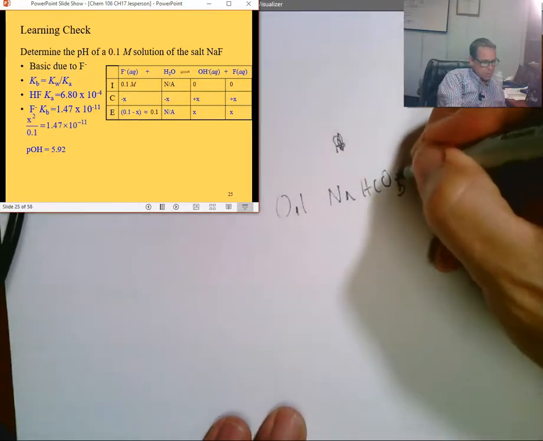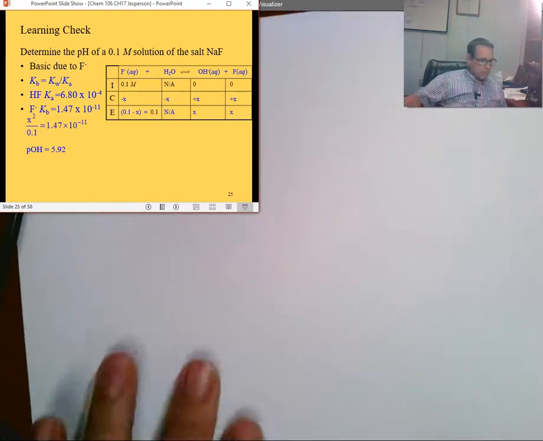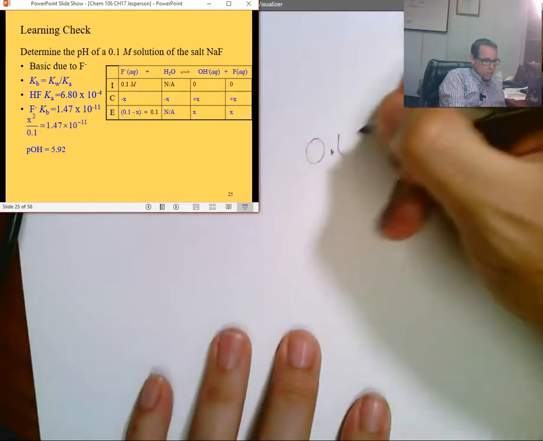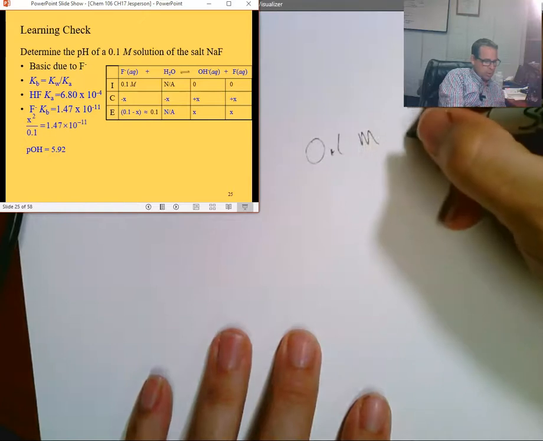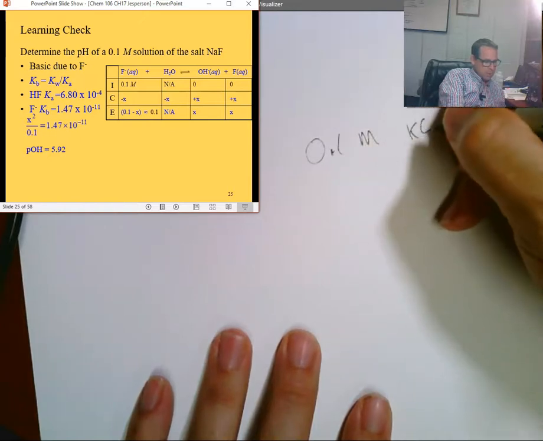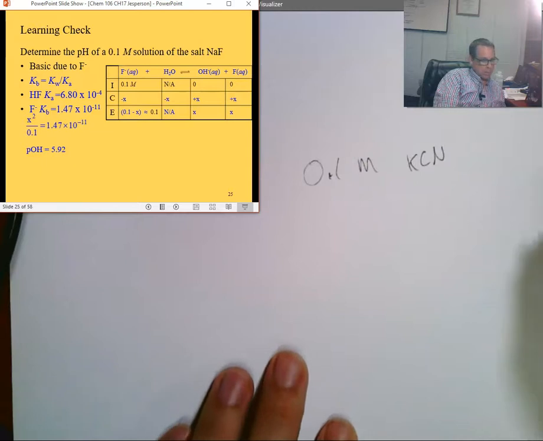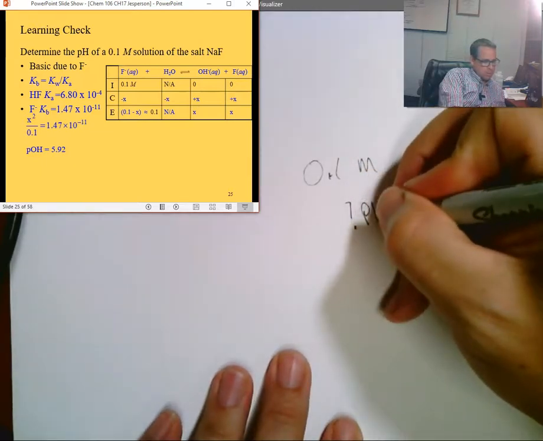Oh, that's not what I want to do. Let's try that again. 0.1 molar solution of potassium cyanide. What will the pH be?